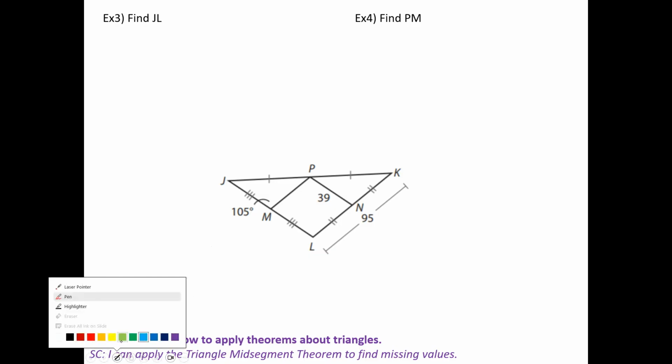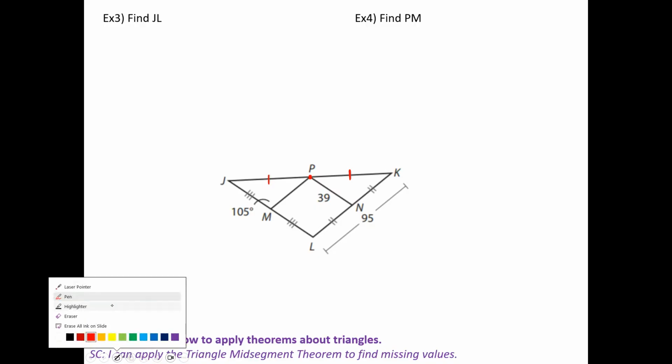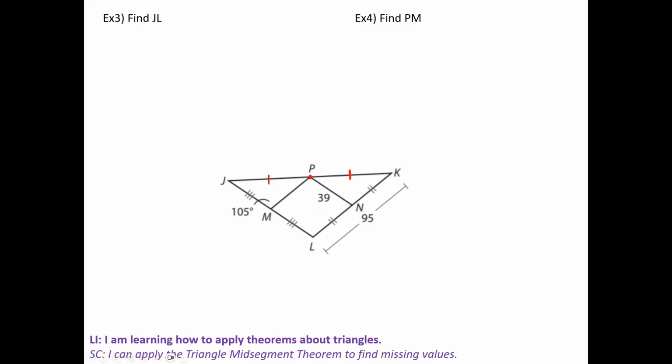Okay. So I'm going to start with my 1 tick marks. So I have J to P is the same as P to K. If those are the same distance, that means P must be a midpoint. And in a similar way, let's switch to green. I'm going to go to my 2 tick marks over here.